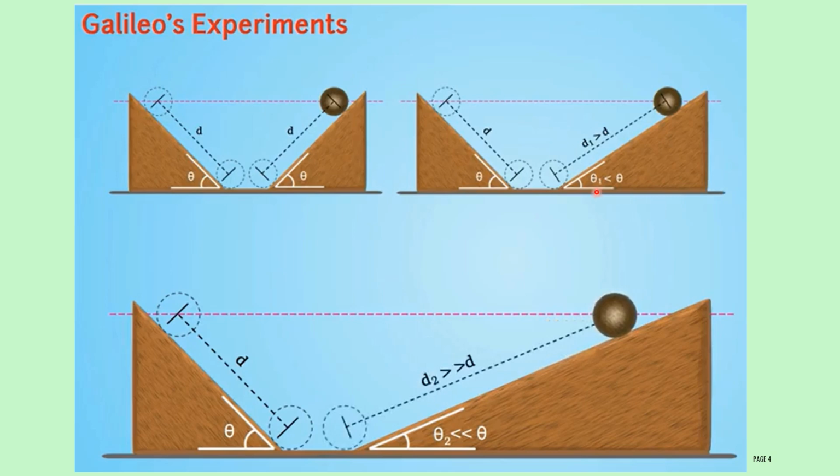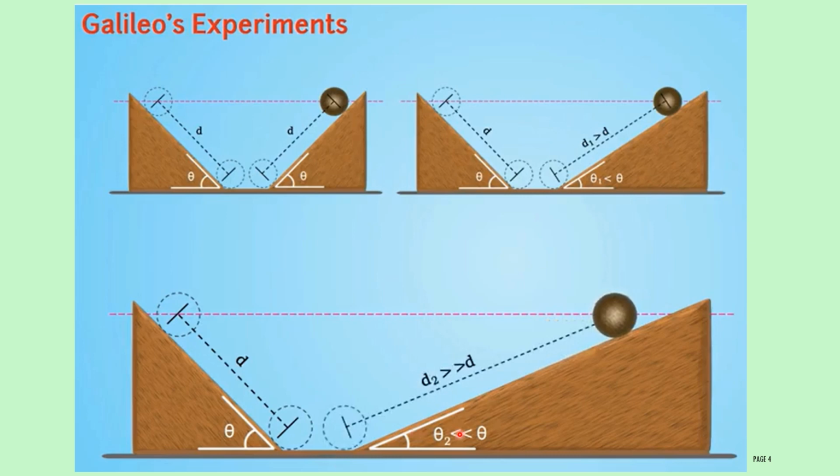If the angle of the second inclination theta 1 is less than theta, the angle of the first inclination, then on the second plane the ball has to cover more distance d1, greater than d, to reach the equal height.